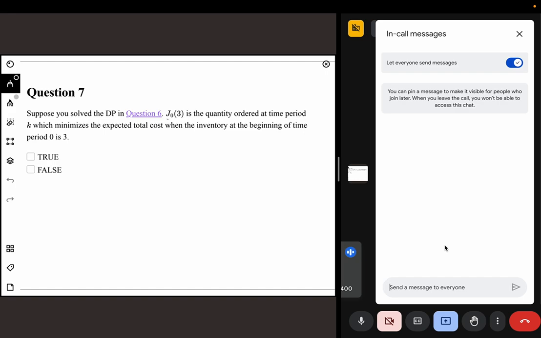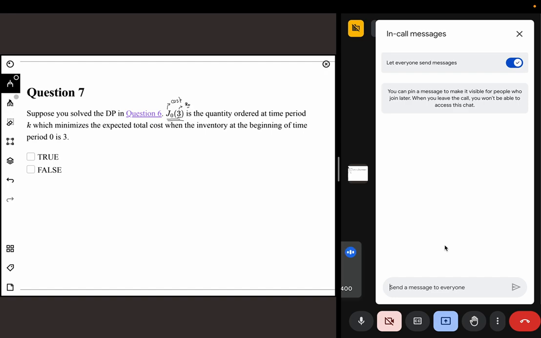What is the meaning of J0 of 3? The notation I have been using is J represents the cost. So J0 of 3 is the cost that I would be incurring at the initial step, where 3 is my x0, the initial stock at k equal to 0.